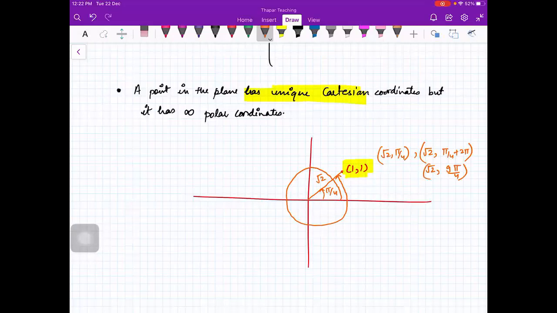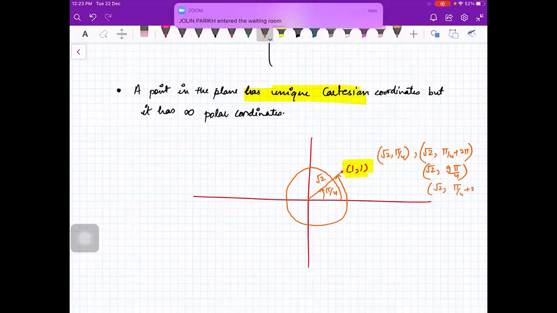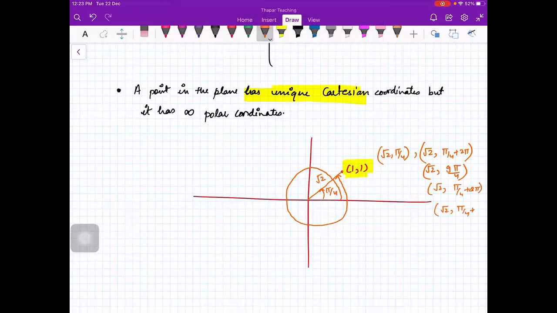Again, what I can do is make two circles and then come back. So the same point has the name pi by 4 plus 4 pi, then 6 pi, and so on. Is that okay? Is this clear to everybody?